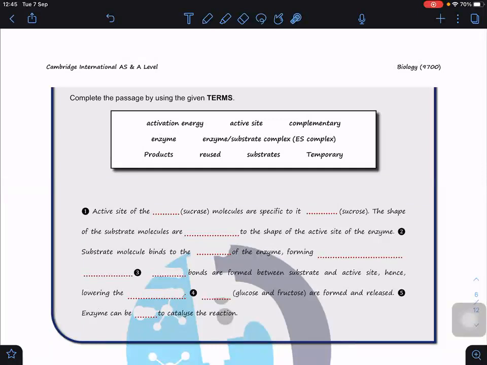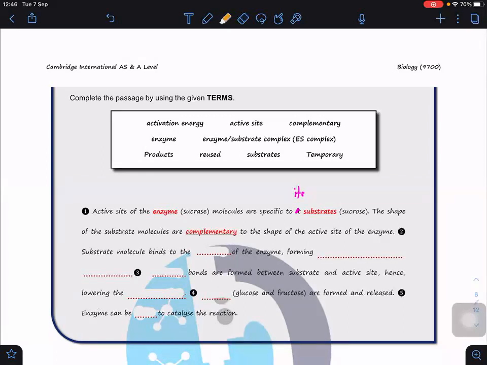So first thing, we know the enzyme here is sucrase. The active site of the enzyme molecule is specific to its substrate, which is sucrose. My mistake here, it should be "its." Then the shape of the substrate molecule is complementary to the shape of the active site of the enzyme.